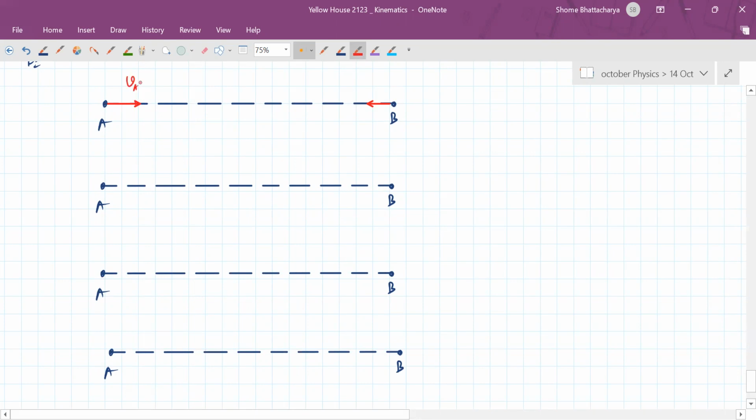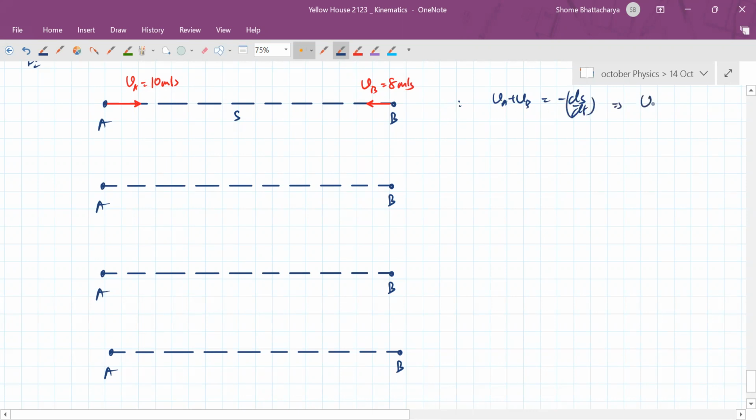For example, if VA here is 10 meters per second and VB here is, let's say, 8 meters per second, and the instantaneous distance between them is s. So in this example, VA plus VB is minus ds by dt, the rate at which the distance s is decreasing.